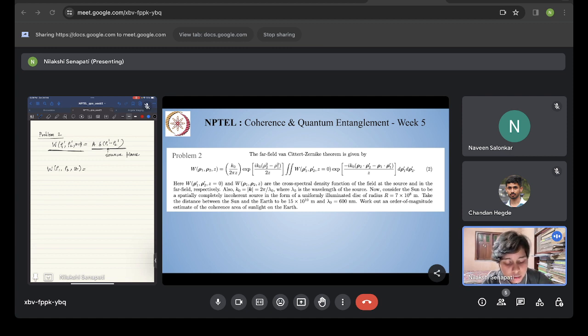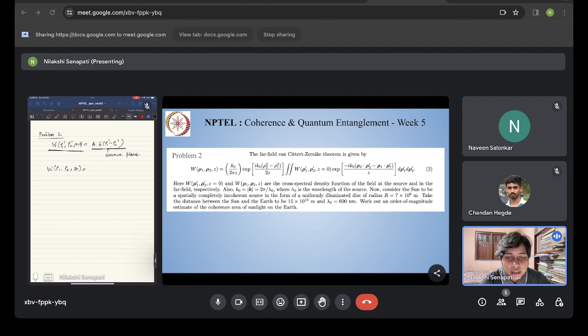Why Dirac delta? Because if ρ1' equals ρ2', then only it will be nonzero, otherwise, as it is incoherent, there is no correlation between them. So if ρ1 and ρ2 are different, then it will be 0. Okay, so this is known to us.